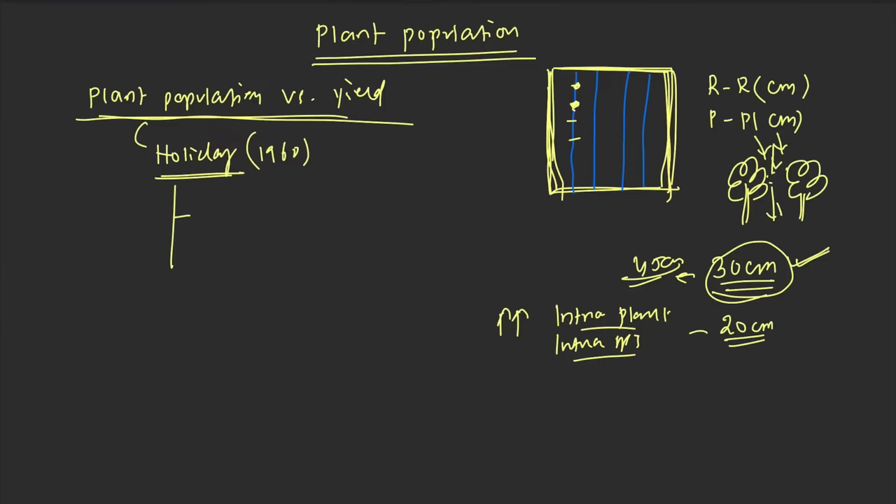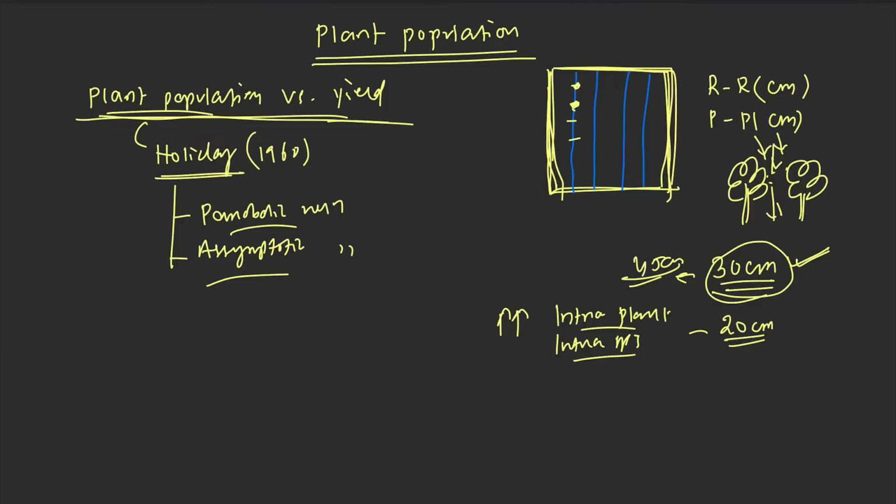One is the parabolic relation, another one is the asymptotic relation. This relation is between plant population and yield.